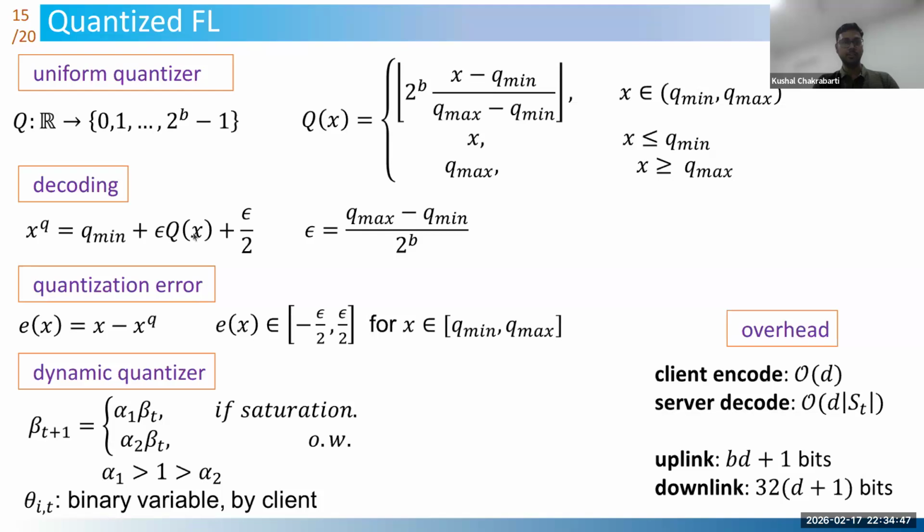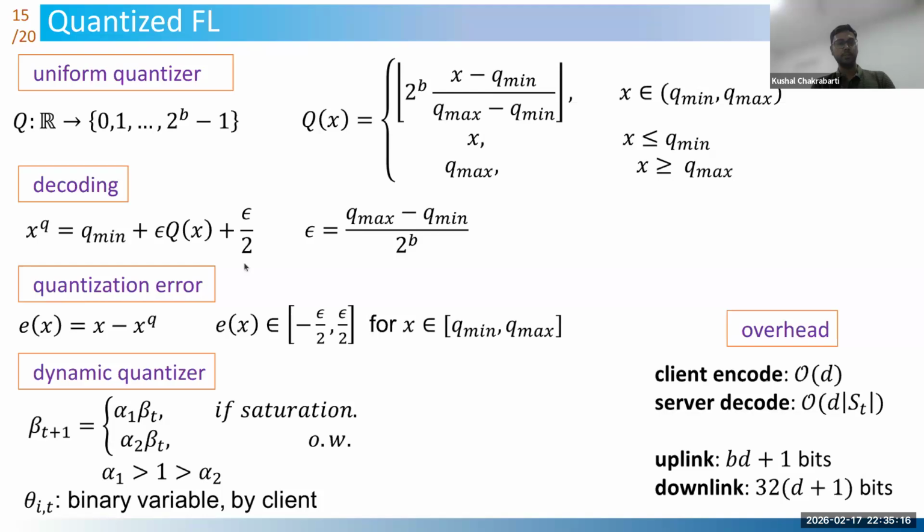The server will receive this qx, and from it will recover the decoded version of x, which was the original x computed by the client. Now in this case, this decoding will not be exact, so there will be some difference between your xq and the actual x, which introduces the quantization error.